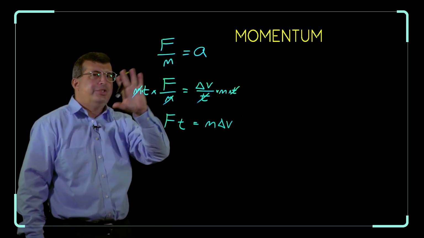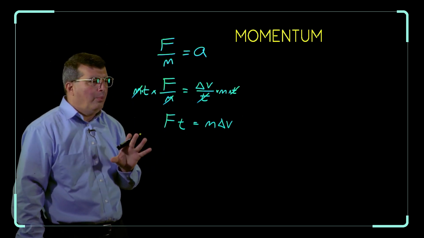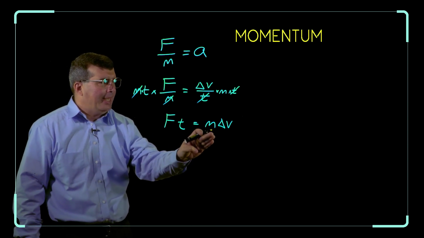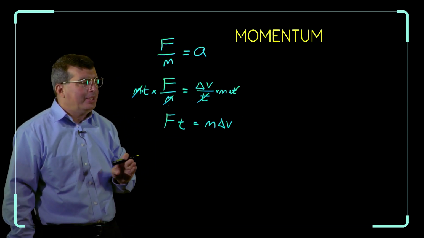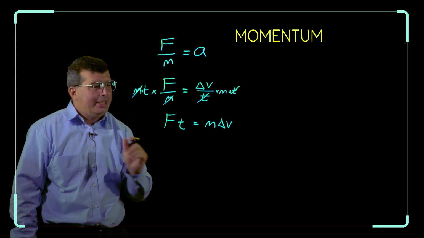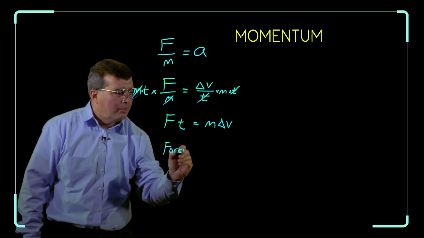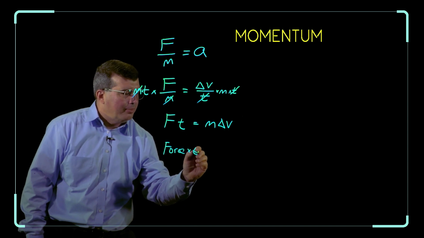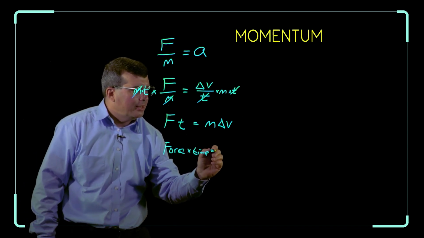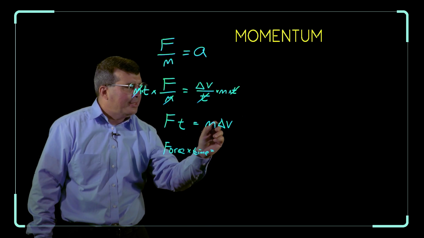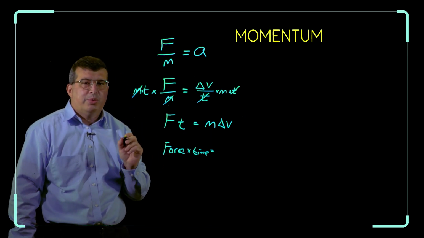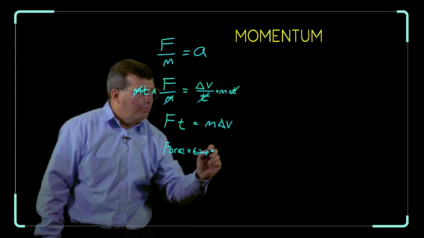This is just Newton's second law reworked. So we have a new idea, and the new idea is that force times time is equal to mass times the change in speed, which would be the change in momentum.